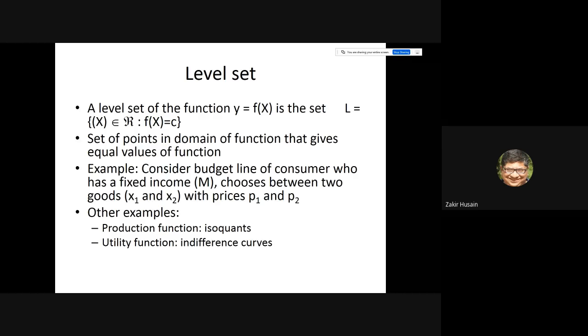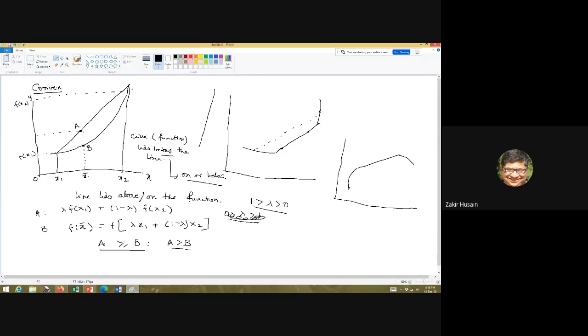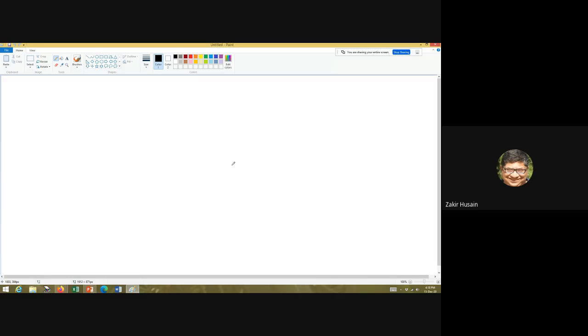Now let's define the level set. A level set of the function y is a set L such that f(x) is equal to c. So basically, if I go back to the paint, we have the domain over here and we have different points over here.